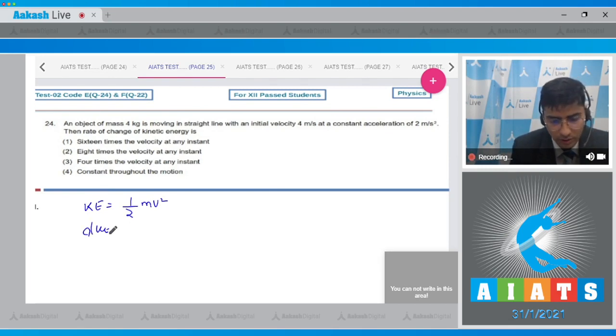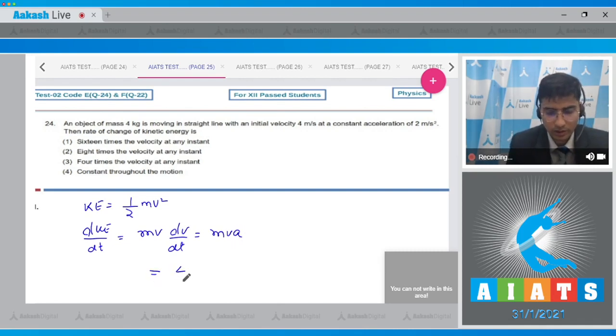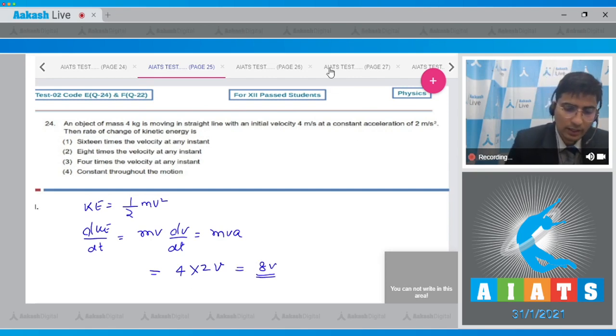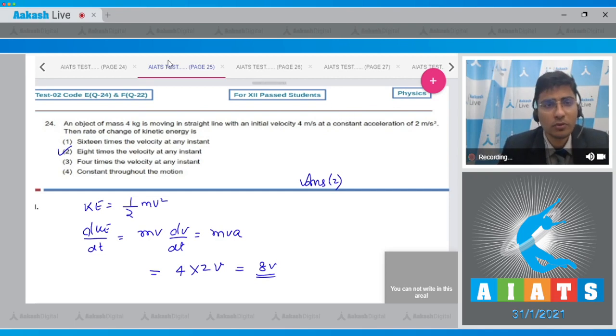If we differentiate this kinetic energy with respect to time, this will be equal to mass into velocity into dv by dt, that is mva. Now here mass is 4, the acceleration is 2, so 4 into 2v, that is 8v. And hence, students, the answer for this question should be 8 times the velocity at that instant, that is option 2.